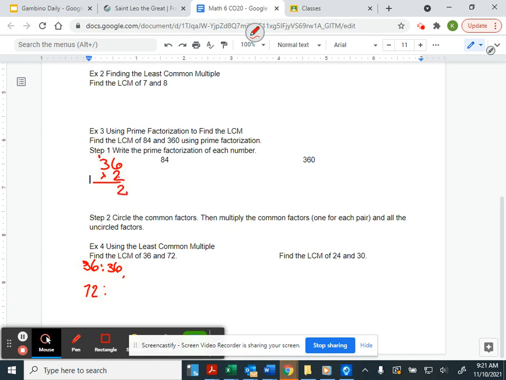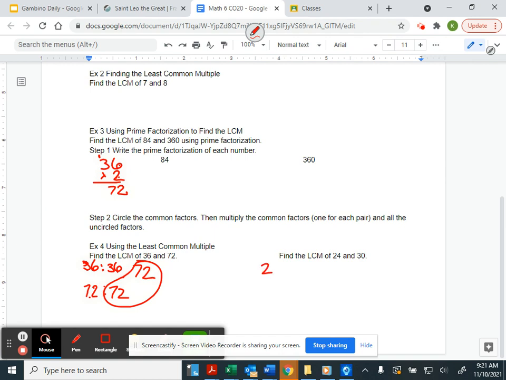Carry the 1. 2 times 3 is 6, plus 1 is 72. 72 times 1 is 72. Oh my goodness, that was an easy one. So our least common multiple is 72. They gave us an easy one for that.